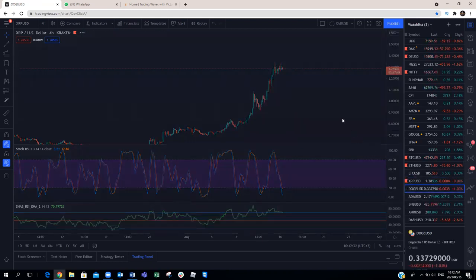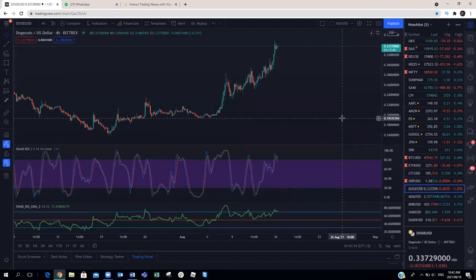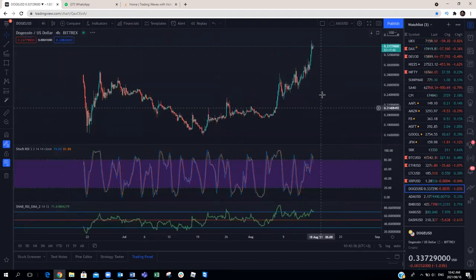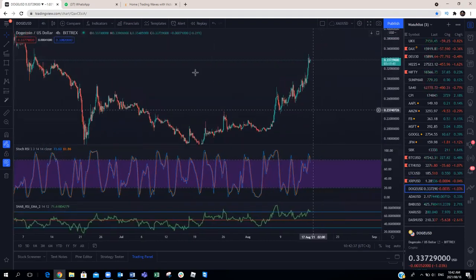Dogecoin, okay, so Dogecoin is not rallying as much as the others, but it is on a move as well. So no, it has actually made a big move. Dogecoin, almost a 50% increase from about 25 over the last week or so. So it is also pushing to the upside.